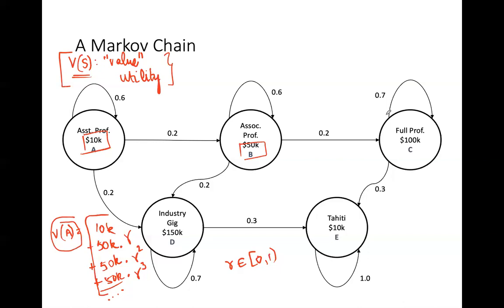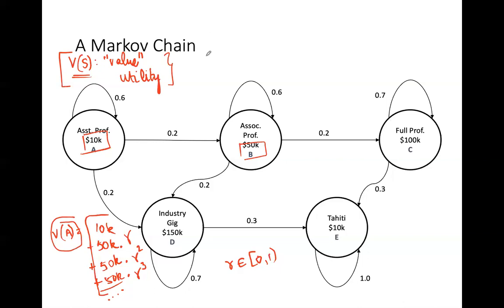So question in the chat, is it sort of an infinite series? Yes, it will be. But the fact that we're discounting means that the sum of that infinite series is going to stay bounded. It's not going to diverge.